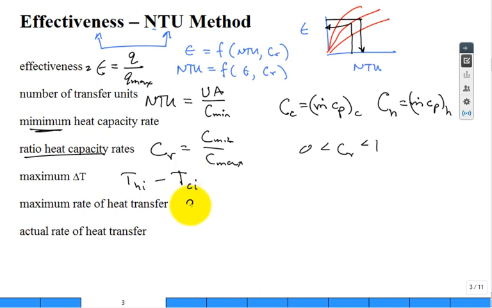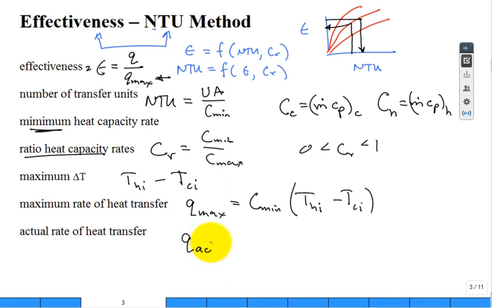And if you calculate the maximum rate of heat transfer, it's a theoretical value: the minimum heat capacity rate multiplied by the temperature hot in minus temperature cold in, the maximum delta T. All right, and then the actual rate of heat transfer, Q, sometimes I'll put ACT so it's not to be confused with MAX. The book doesn't use the additional subscripts, but every now and then I'll add it. And that's just your actual rate of heat transfer.